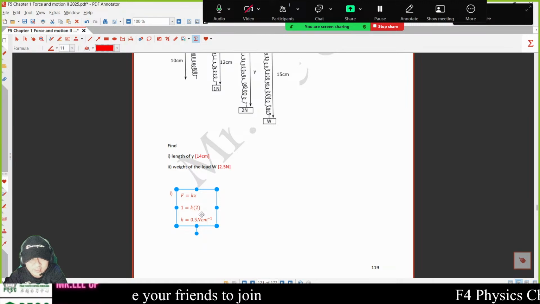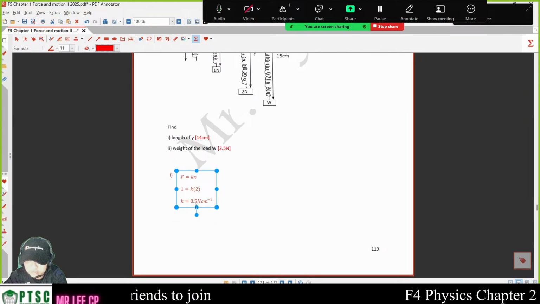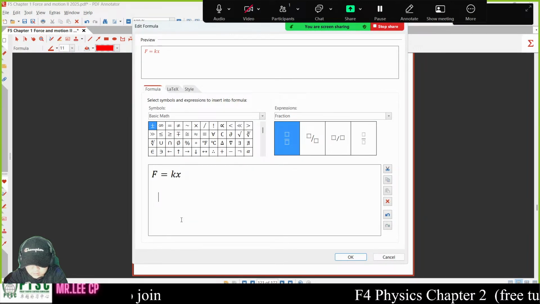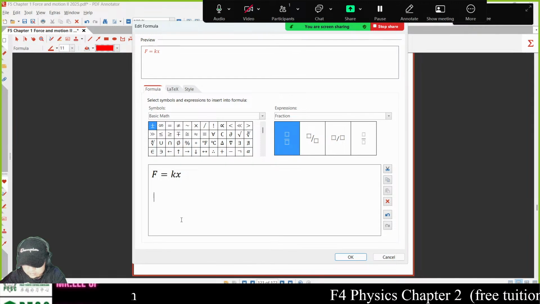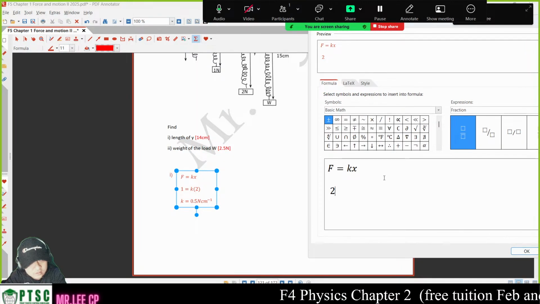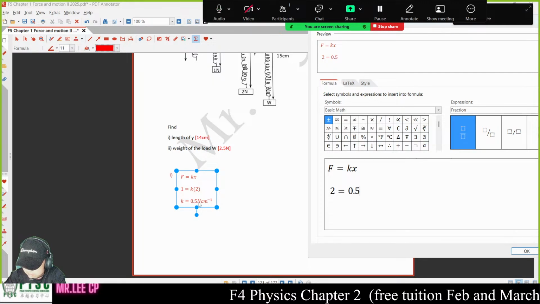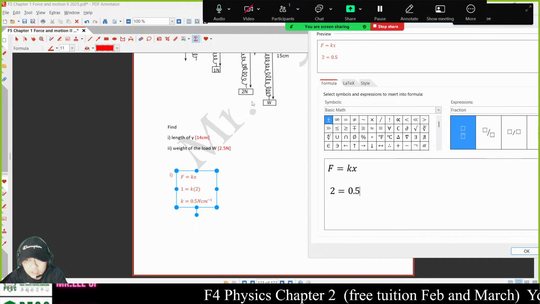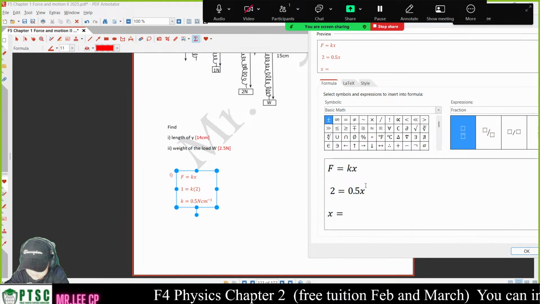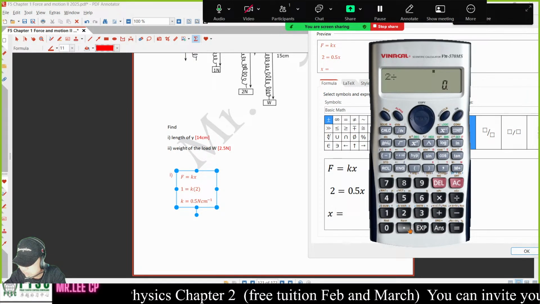Always find K first. After you find K, you put it in. F is equal to Kx. How much is F? 2 Newton right now, so you are hanging 2 Newton right here. 2 Newton is equal to K, which I got, 0.5. X, I don't have it, so I want to find X. X is 2 divided by 0.5.